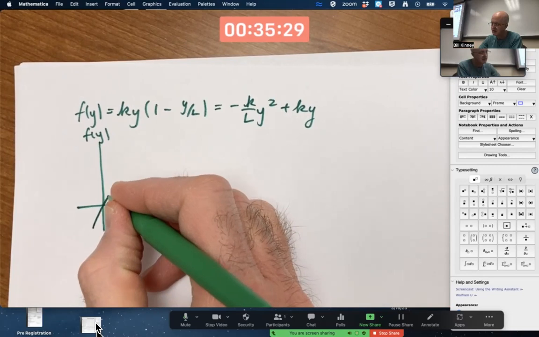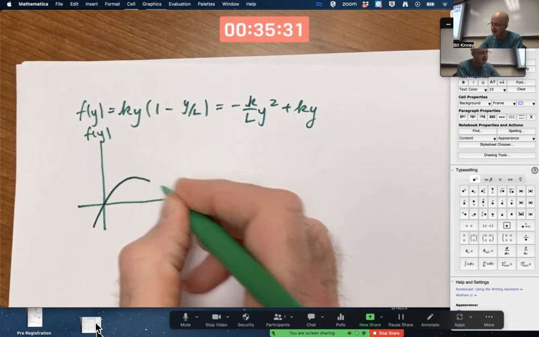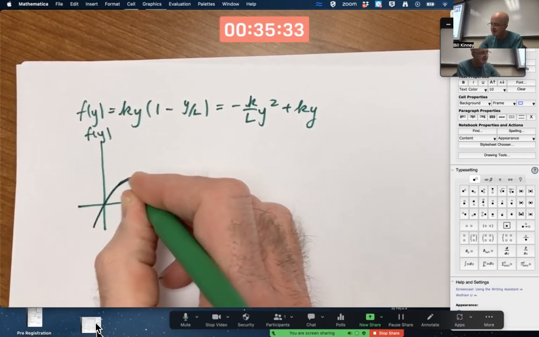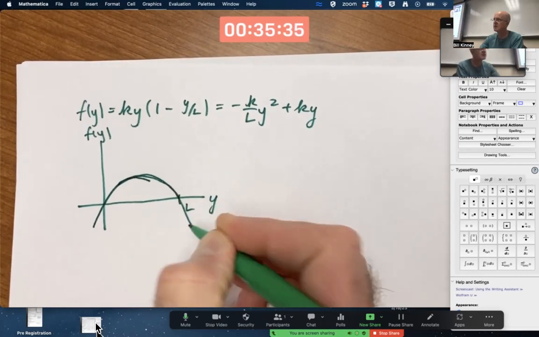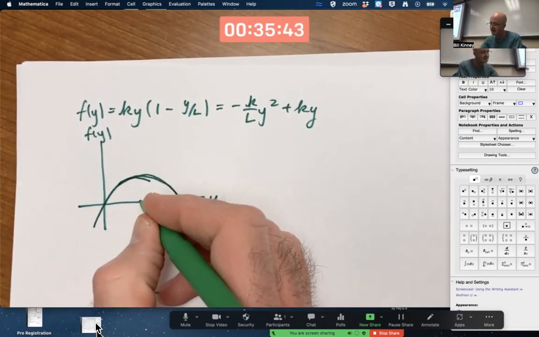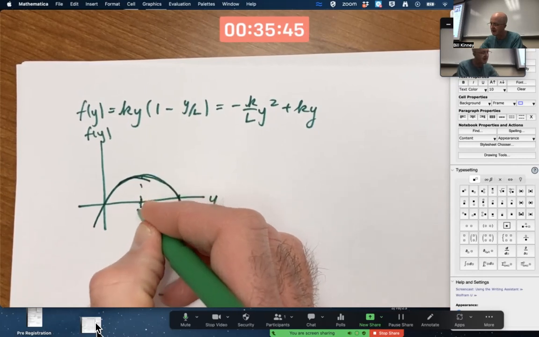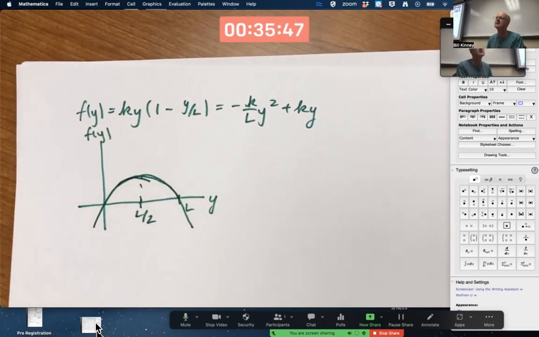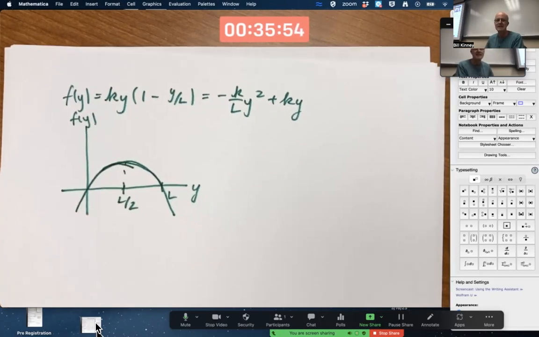Upside down parabola, looking kind of like this. This does feel similar to what we did with the discrete model, where we made the cobweb plots, but we're not going to do that here. This is maximized, by the way, at L over 2. That's where the derivative of this function equals 0, but I won't bother verifying that.